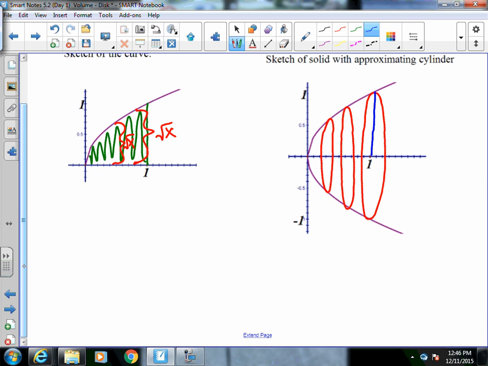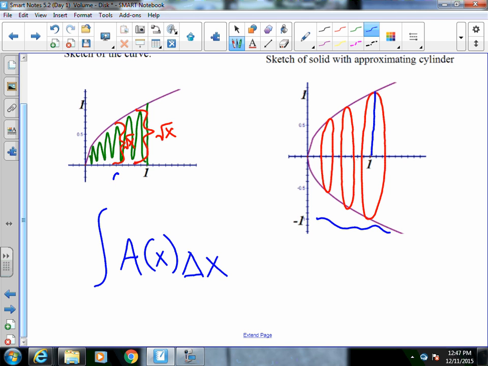Each of these cylinders is going to have a radius. Just like before, when we were adding up the rectangles and doing base times height, we are going to need the integral of the area of a circle times its thickness. Each of these discs has a thickness of dx, because a circle is pi r squared h.